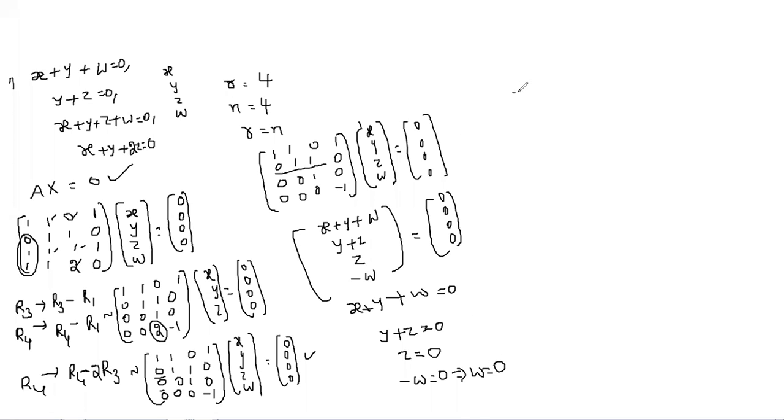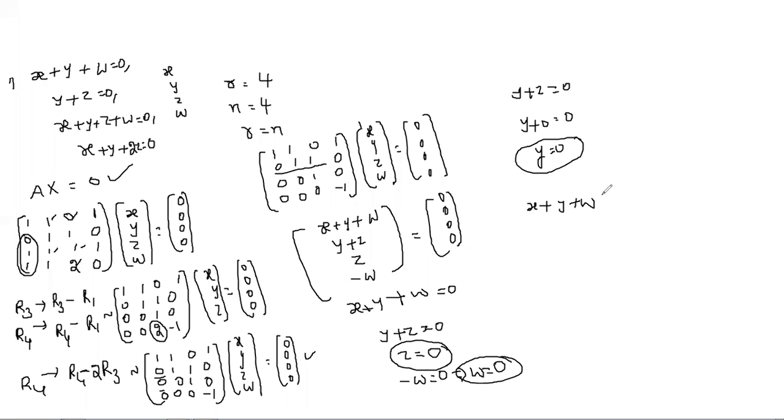So minus w is equal to 0 is nothing but, obviously, w is equal to 0. Now take the equation y plus z is equal to 0. Do you know the value of z or not? We already know that z is equal to 0. So we substitute 0 in place of z. Then we get y is equal to 0. So y is equal to 0, w is equal to 0, z is equal to 0, and next we require the value of x. For that we take the first equation, x plus y plus w is equal to 0.